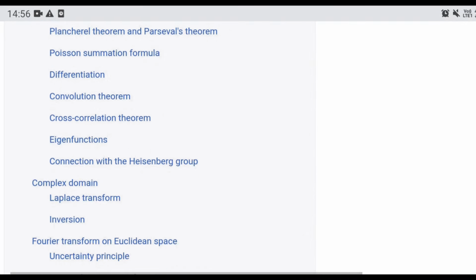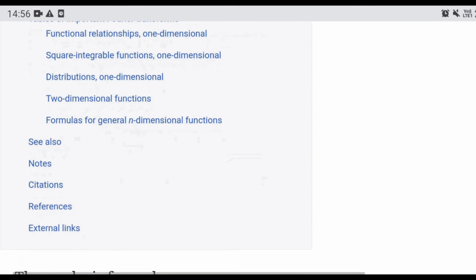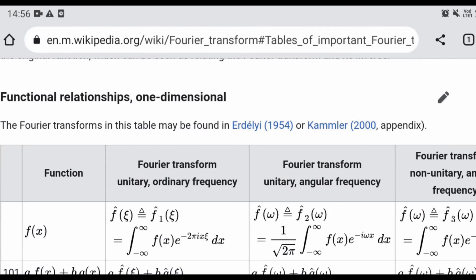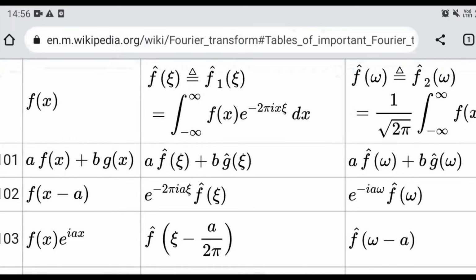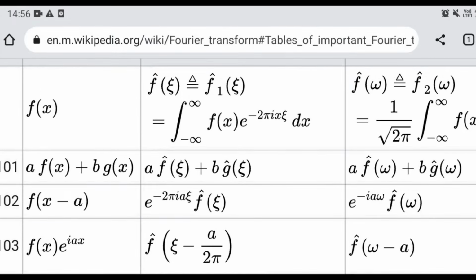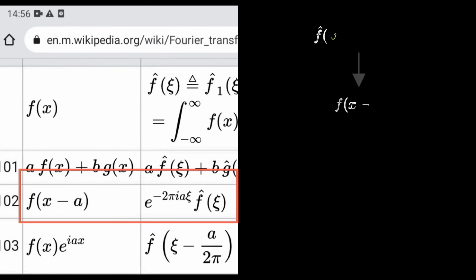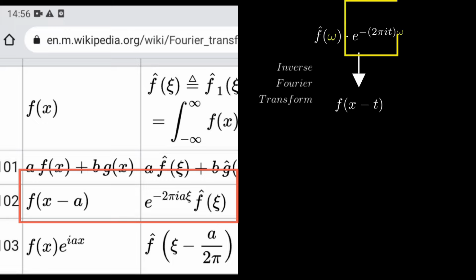Luckily, this is not hard. We can look at the Fourier transform table on Wikipedia here, and we will look at this one. The appropriate one is this one right here. So the inverse Fourier transform of f hat times this exponent must be f(x minus t).